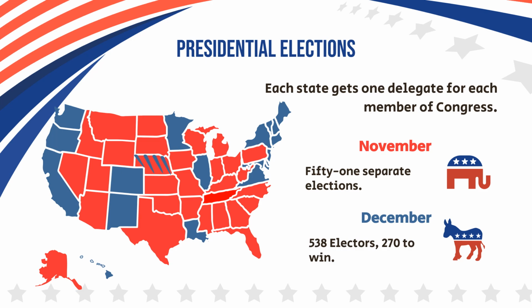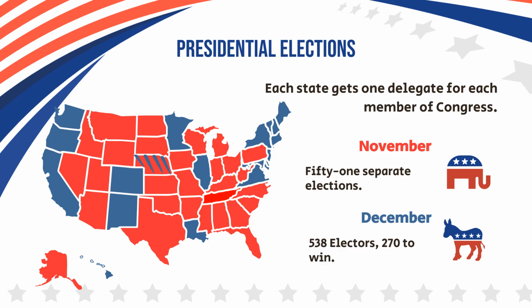So every state gets 2 electors for the Senate, because remember, every state, regardless of population, has exactly 2 senators. By the way, that's going to be relevant momentarily when we start to talk about some of the arguments for and against the system. Every state automatically starts with 2 for the Senate, but then they get an additional elector for each of their House representatives.